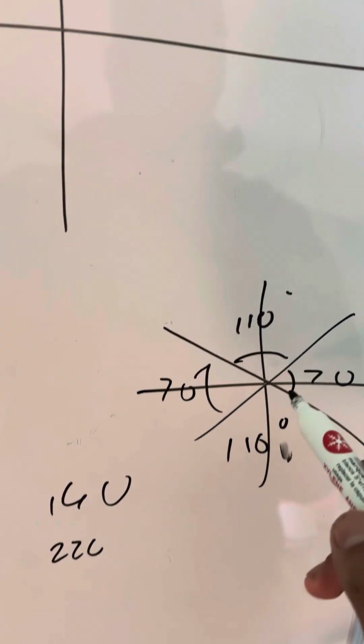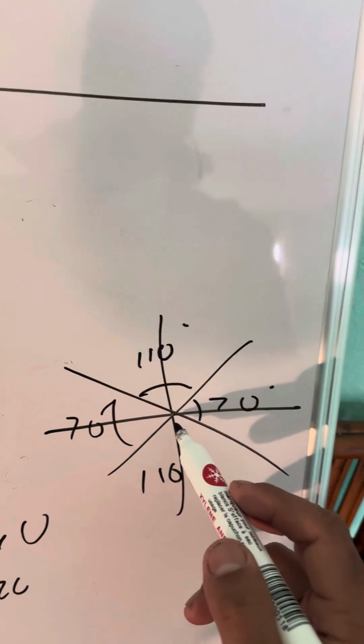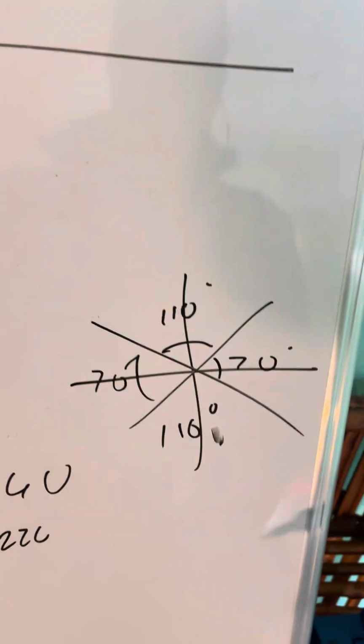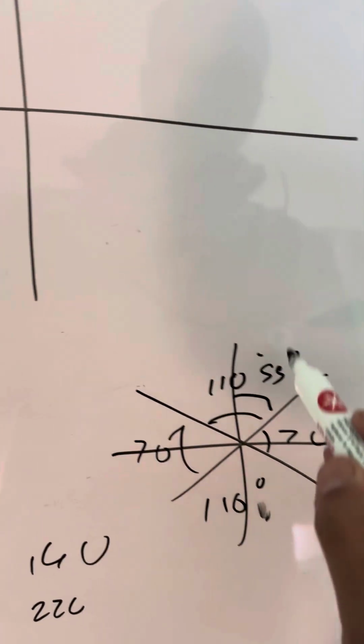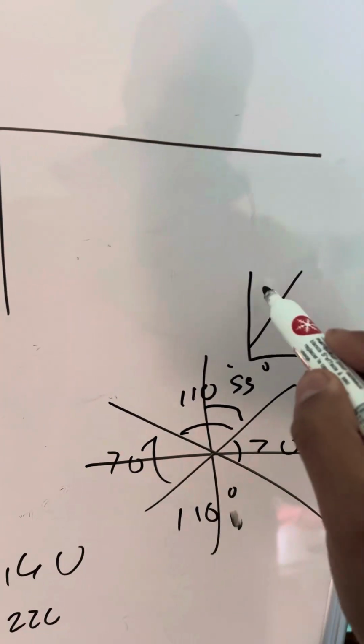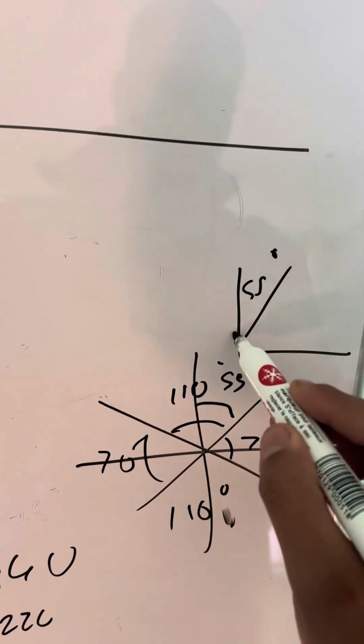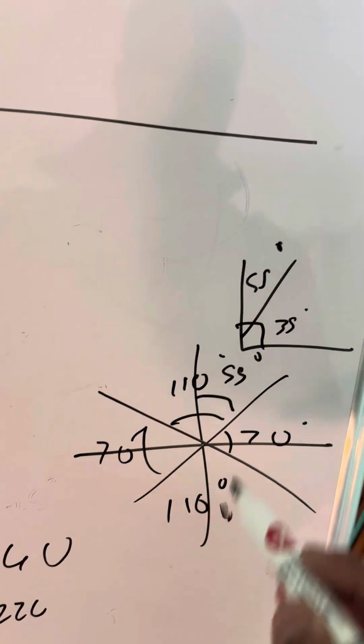Now we also know that the y-axis is going to perpendicularly bisect it. So this is going to be 55 degrees. And because in total this is 90 degrees, it's going to be 35 degrees.